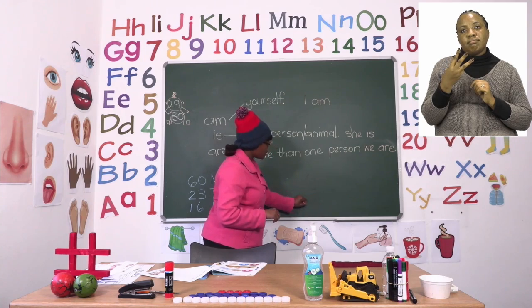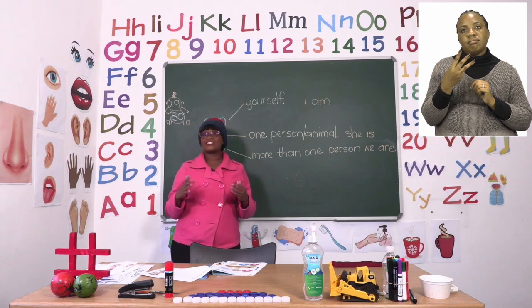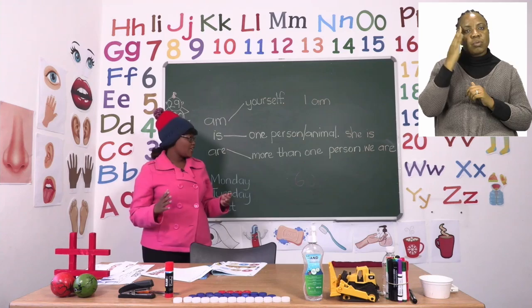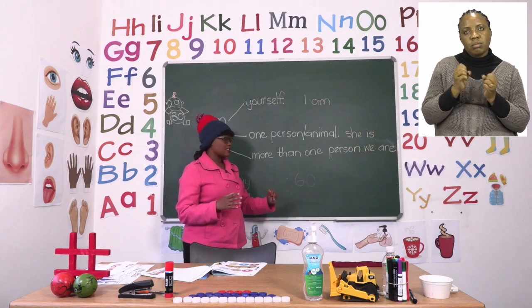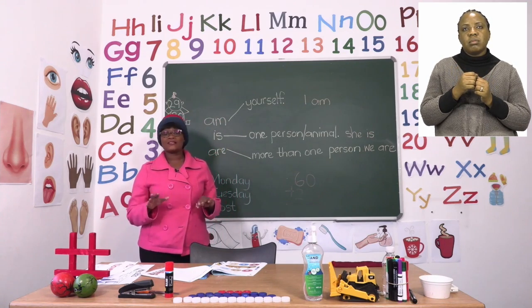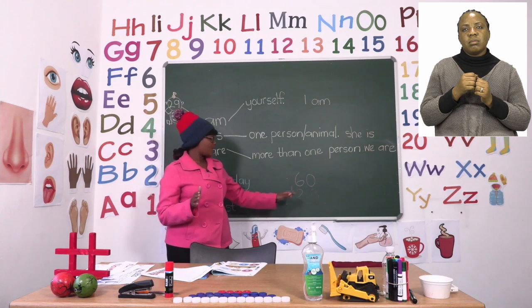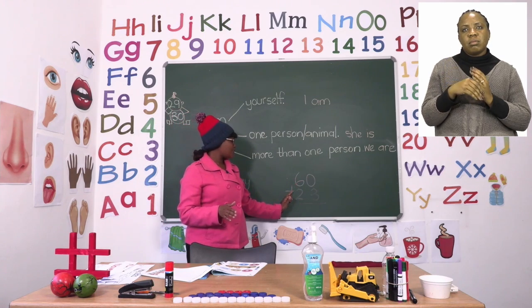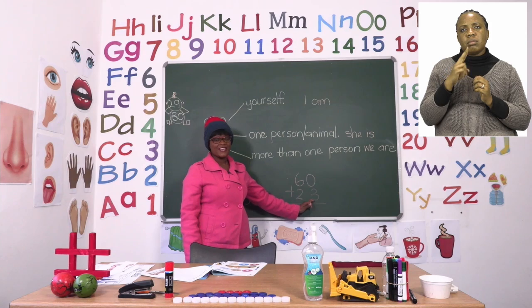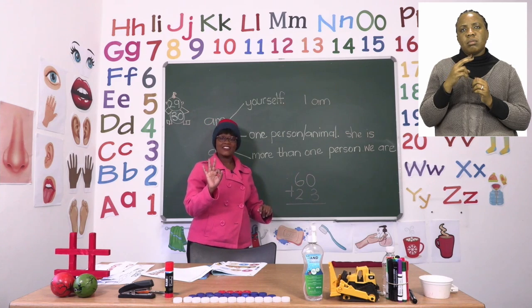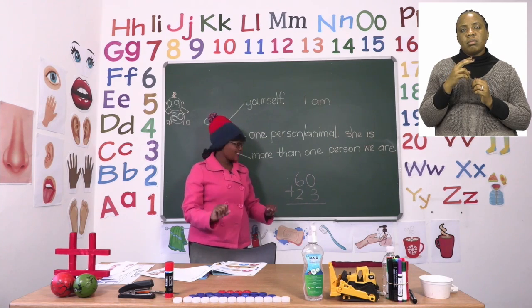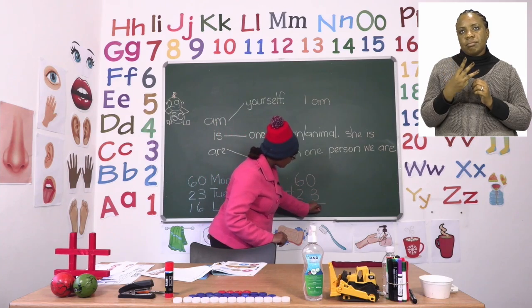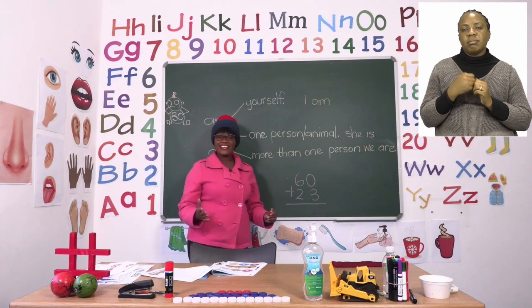That's the first one, so that we know how many bottles she had. So, instead of saying 60 plus 23 like this, we do it by starting with units. 0 plus 3. Now, if I have 0 and then I add 3, my answer is 3. Then we move on to the next one.